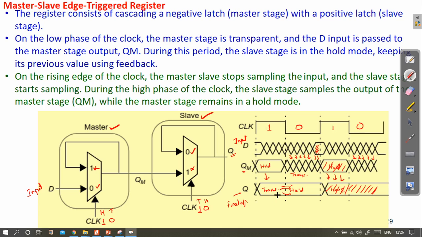So when the clock signal is rising here and here, the final output is getting captured.